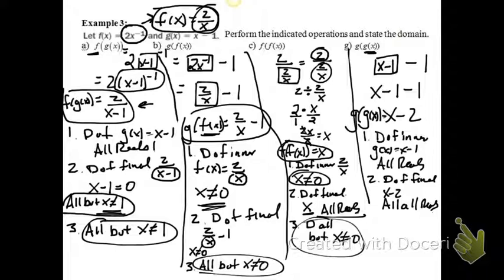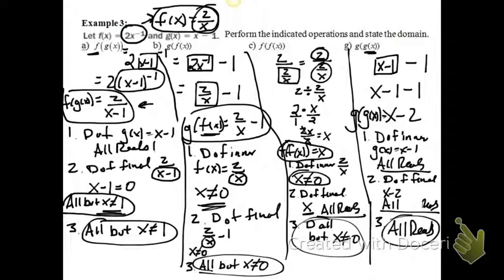Then my third step is to use what works for both. Well, all reals and all reals, we're going to just choose all reals for our final domain.